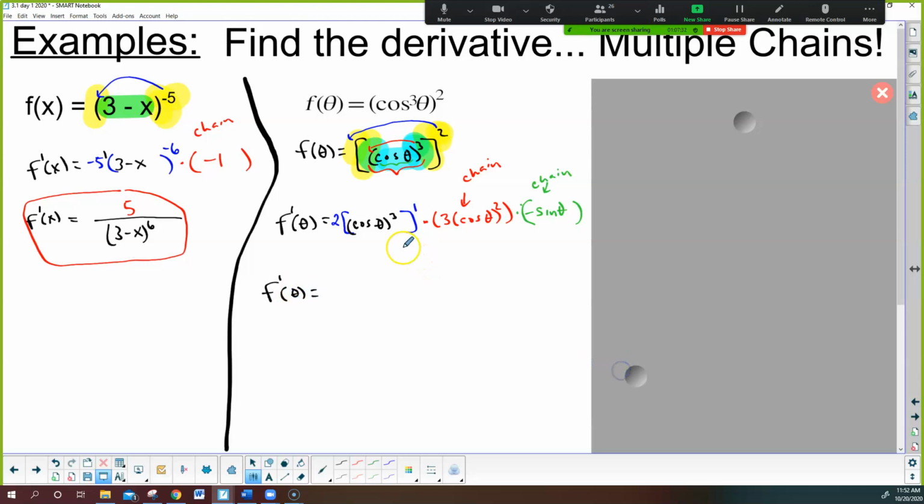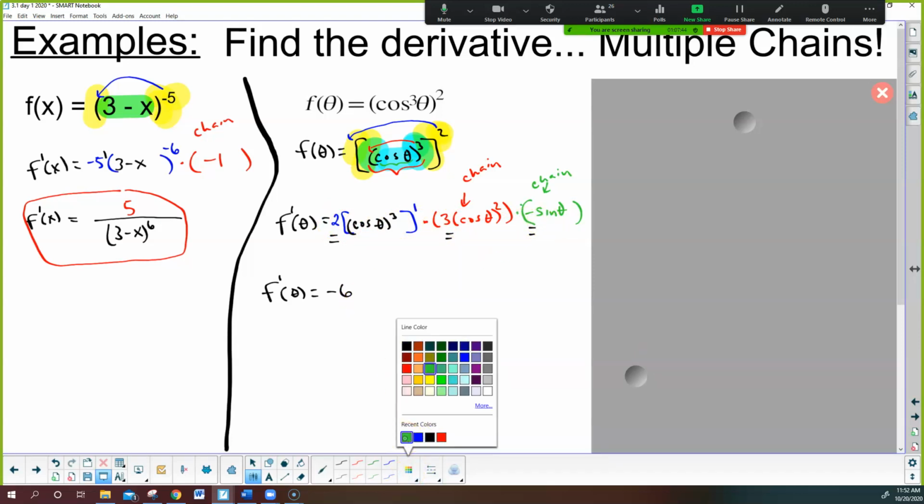So notice I've got a 2, a 3 and a -1. That's going to give me -6. And then the sine would actually come next, but it really doesn't matter if I put the sine or the cosine.